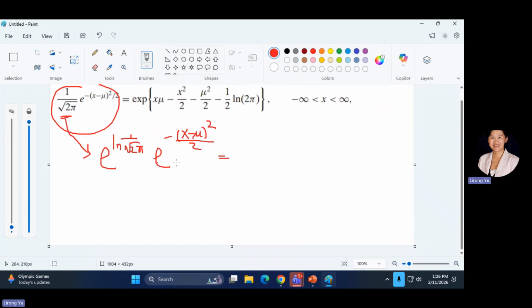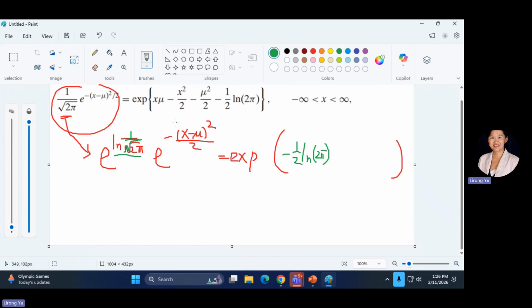In the exponent, you move the negative. The 1 over is actually a negative 1 power, so you have negative 1, and there's a 1/2 power in the root, which also goes to the front. So negative 1/2 times the natural log of 2 pi.